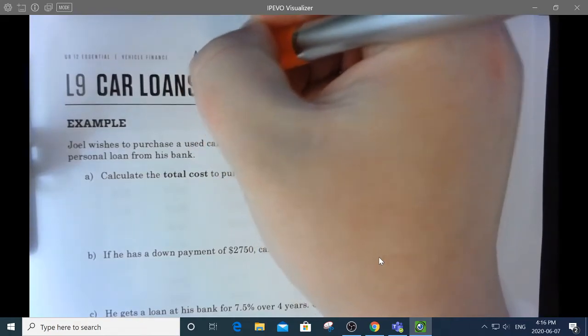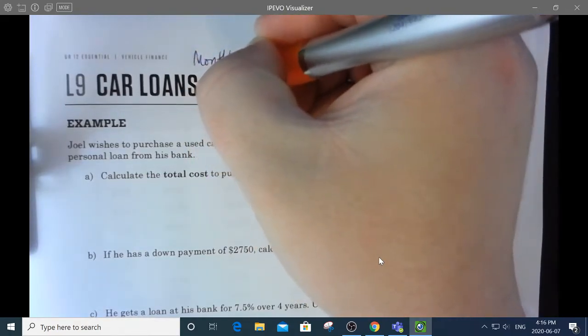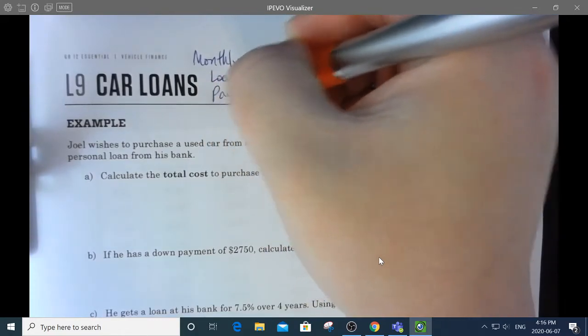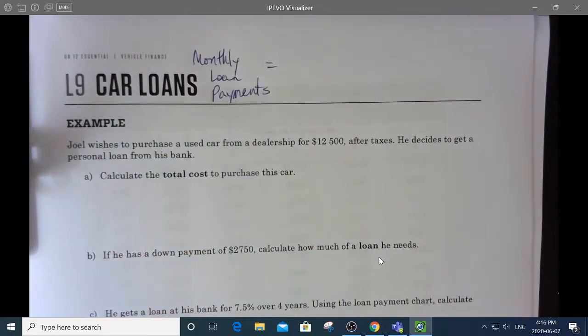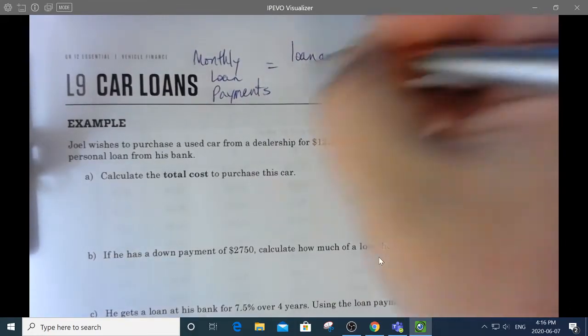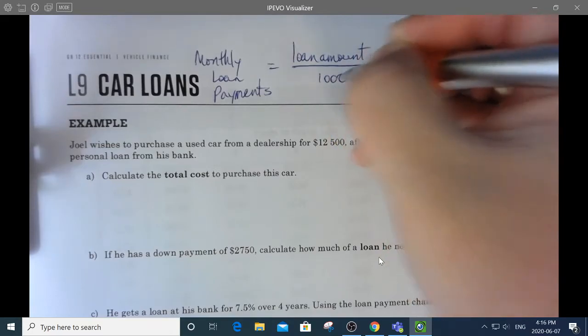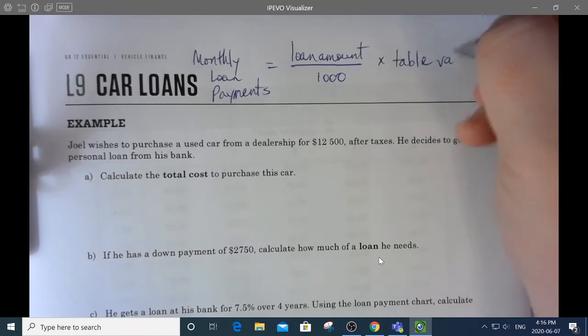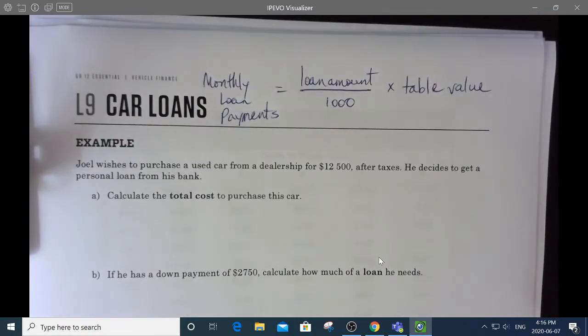Monthly loan payments are the loan amount divided by 1,000 times, just like in the house one, a table value. And the table is actually the next page in your booklet.